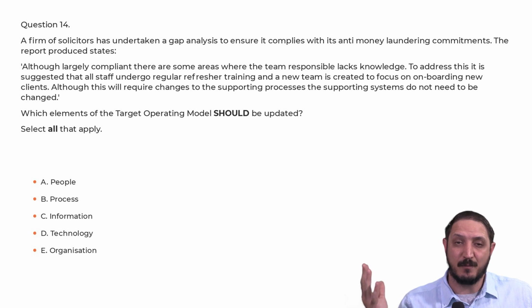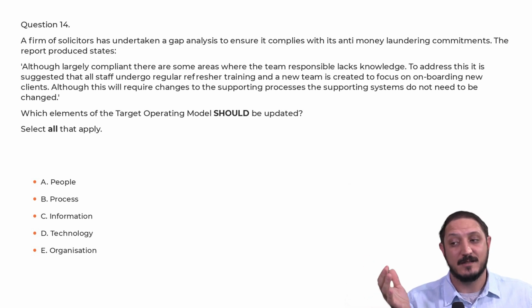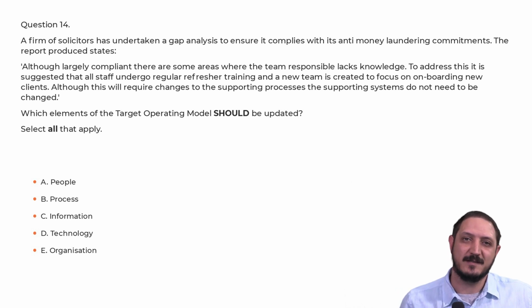Therefore, in terms of the POPIT or the TOM that we're creating as part of this POPIT, the technological element is not being updated. There's nothing making reference to technology in there.